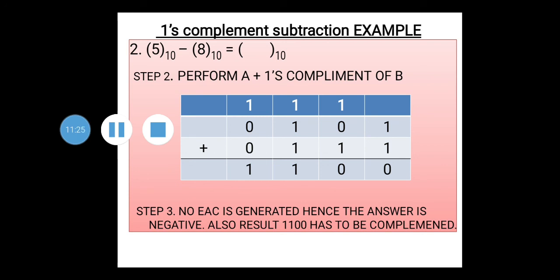A 4-bit addition generates a 4-bit result. Carry is not generated. Final carry is not generated. So therefore, no end around carry is generated. Therefore, whatever result you get here, this result is negative in nature. So it is negative, and therefore the next step you are going to do is convert this result into its ones complement form.